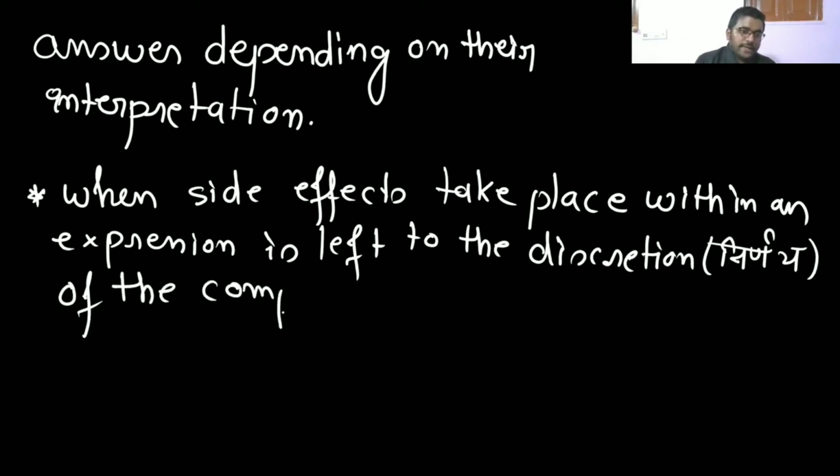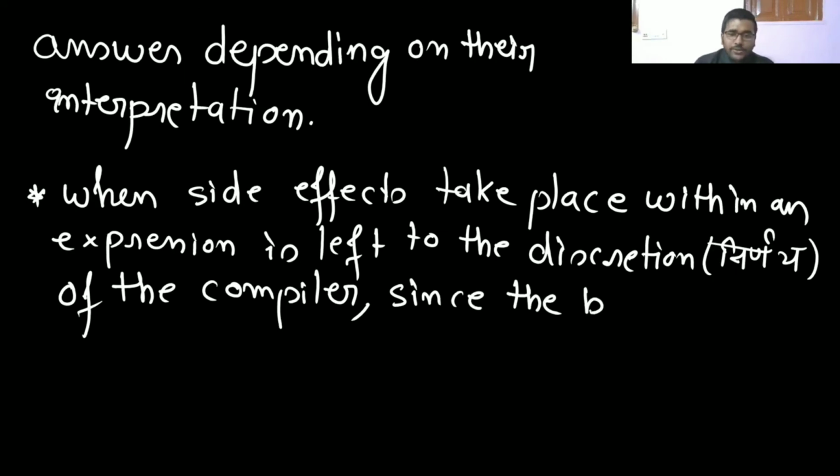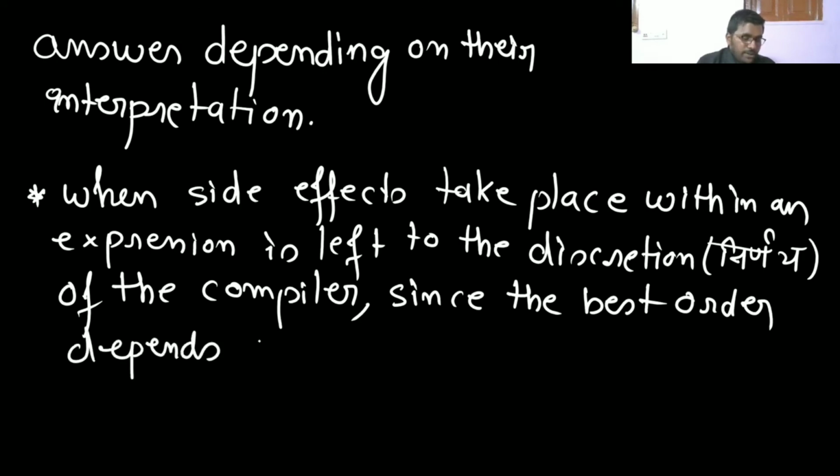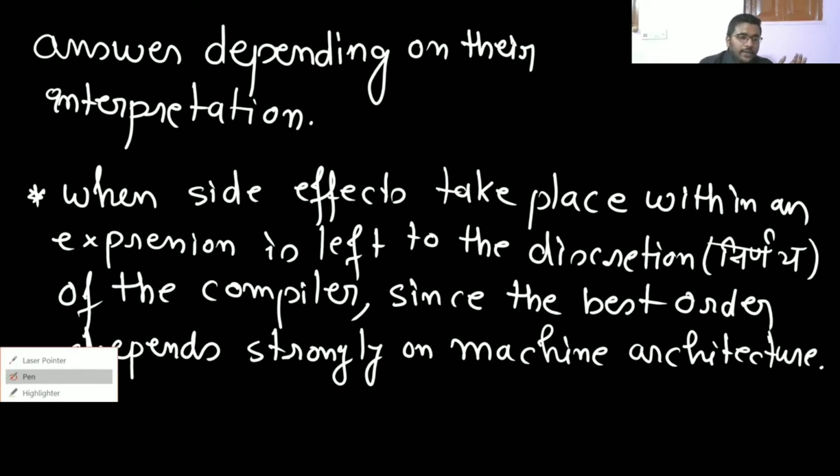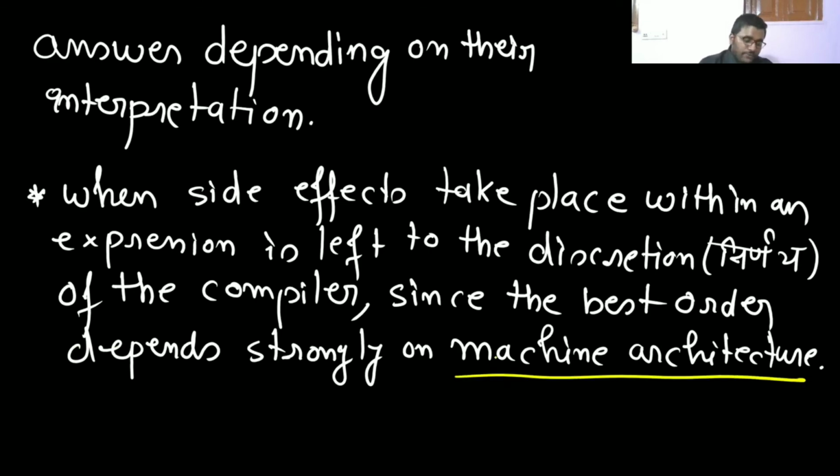Whenever side effect happens, like in function call or increment and decrement, it is given to the compiler to decide. So it depends upon the architecture. That's why it's machine dependent. The order strongly depends on machine architecture. Whenever any side effect is happening, you will not be able to give the answer. Different machines will have different results.